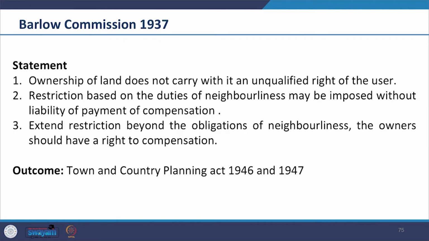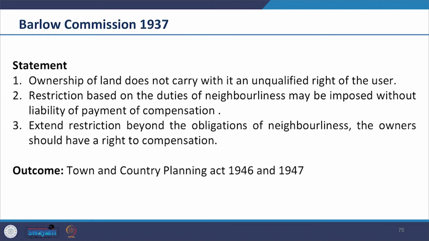So, looking at what basis they created for their observations, they said that ownership of land does not carry with it an unqualified right of the user, and therefore restrictions based on the duties of neighborliness may be imposed without liability of payment of compensation.